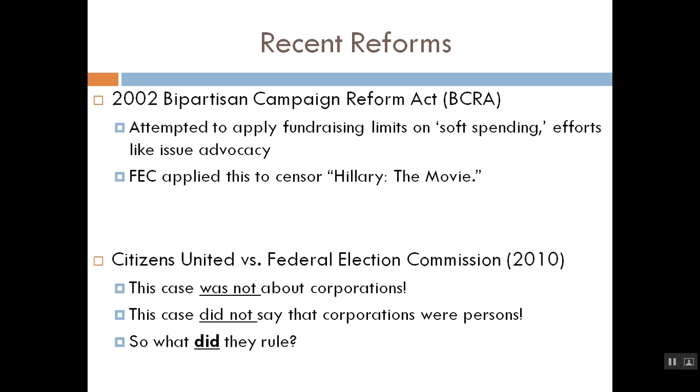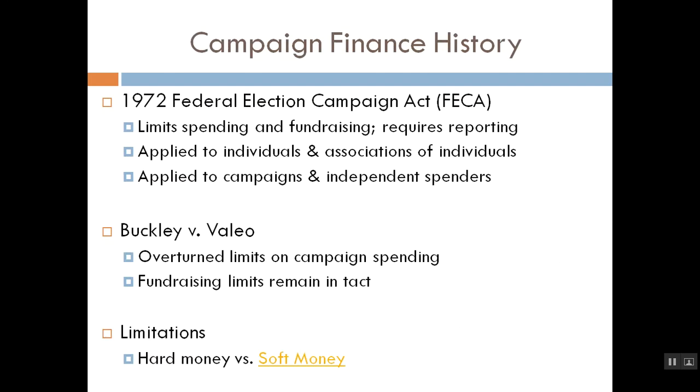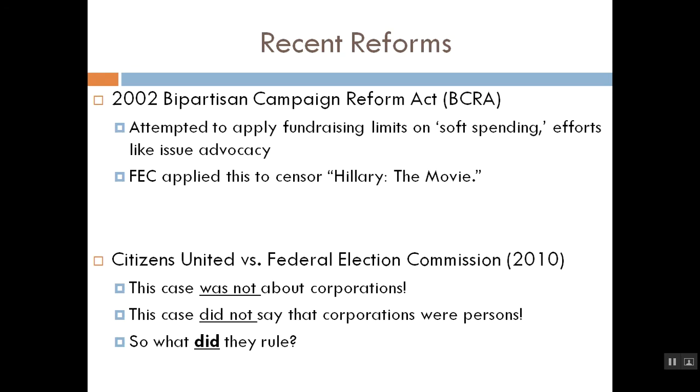There are still going to be limits on the amount of money you can spend explicitly endorsing candidates or that you can contribute directly to candidates. Those haven't gone away. But the BCRA's application of those limits to issue advocacy and other forms of soft expenditure are overturned by Citizens United, which basically means that after Citizens United, we're going to go back to where we were after Buckley versus Valeo, but before the Bipartisan Campaign Reform Act.